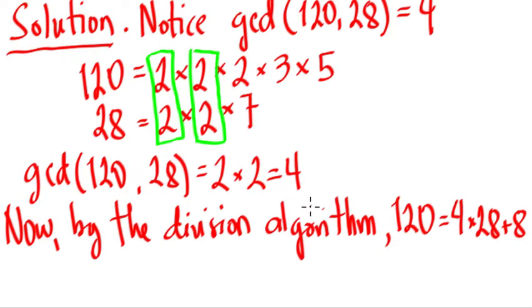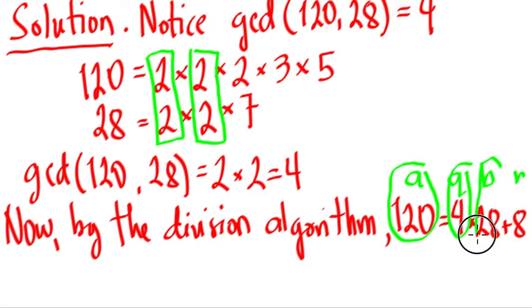So 120 is equal to 4 times 28 plus 8. What happened here? This is our a, our dividend. This is our b, the divisor. This is our q, the quotient, and this is our r, the remainder.